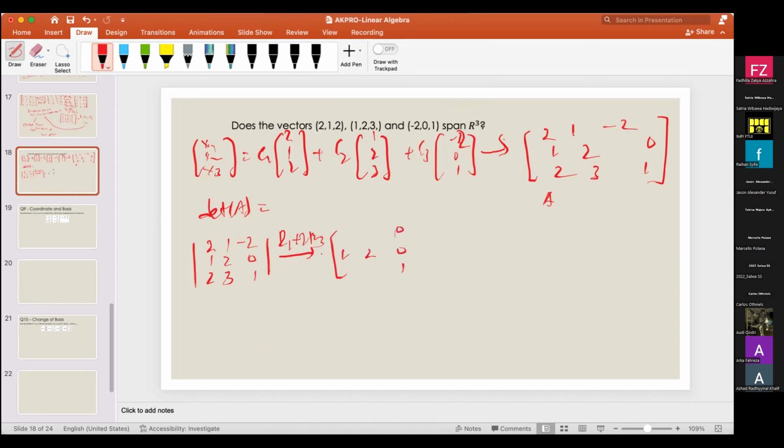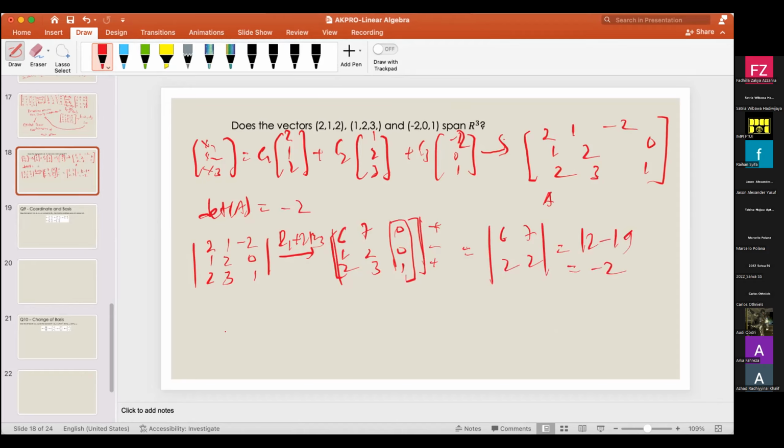So this is 0, this is 1, this is 2, 3, 1, sorry, 2 plus 4 is 6, 1 plus 6 is 7. Now we're going to do the cofactor expansion on this column. Remember, this is plus minus plus, so the sign of this will be plus. This is equivalent to 6, 7, 2, 2, which is 12 minus 14, which is negative 2. So A is negative 2.